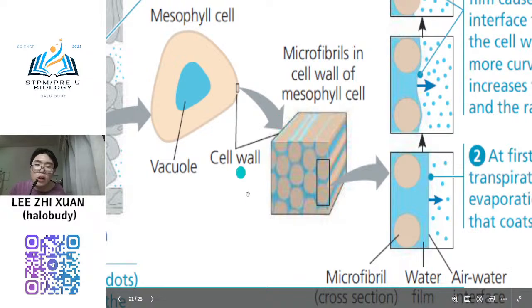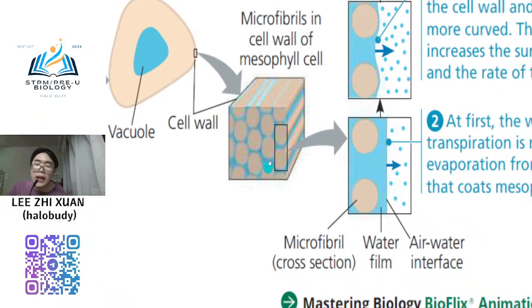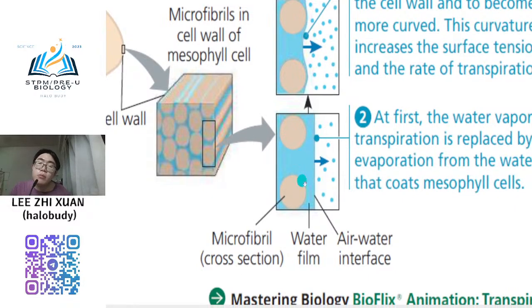So this is the general structure of the microfibrils of a plant cell wall. So in the plant cell wall, there are many spaces, right? In the microfibrils, there are many spaces. So all these spaces are filled with water molecules. Okay, and this we know as the water film. So there is a lot of water entrapped here and there.